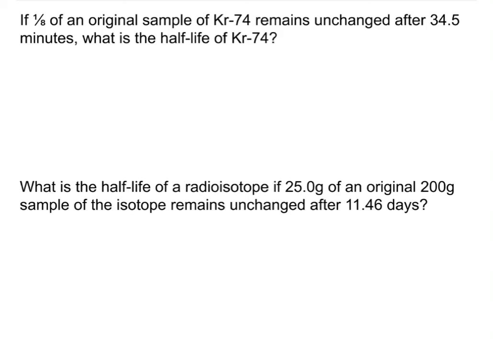Last couple examples. Here we need to figure out the half-life of krypton-74 based on the fact that it took 34.5 minutes for the original sample to decrease to 1/8 of it. So first let's figure out how many half-lives it takes to get from 1 to 1/8. 1, 2, 3.